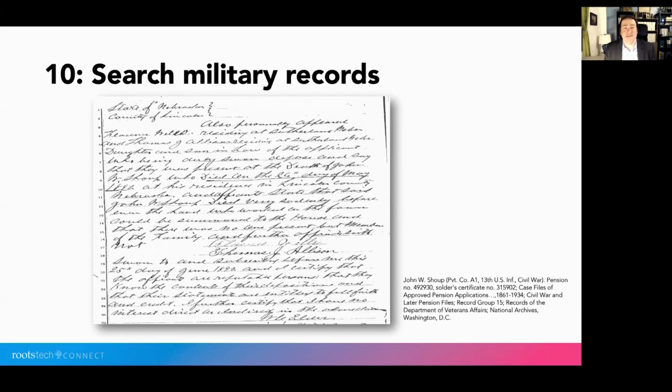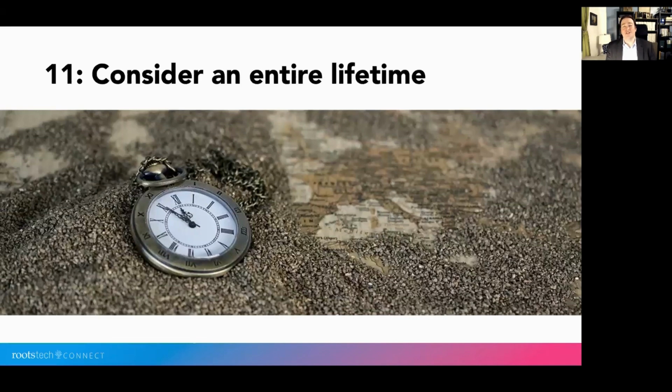And speaking of lives, this leads me to strategy number 11, which is to consider a person's entire lifetime. We earlier explored the idea of how many times someone might write down their birth date in their lifetime if they were born in, say, 1820. Well, consider that across an entire lifetime and all of the other elements of someone's life that can give you clues that are not just a birth, marriage, or a death date.